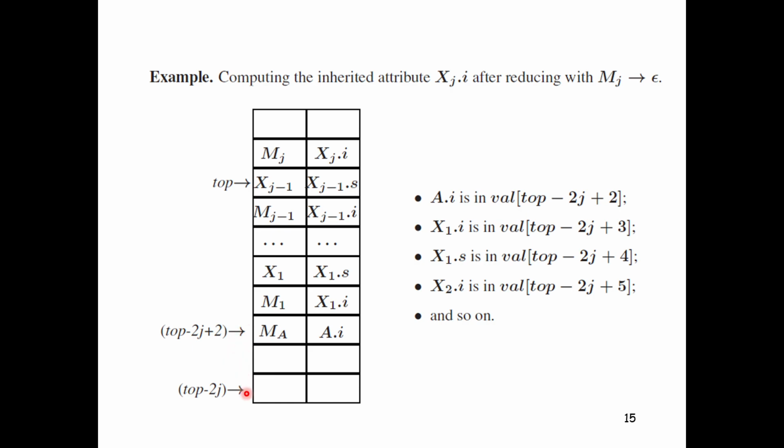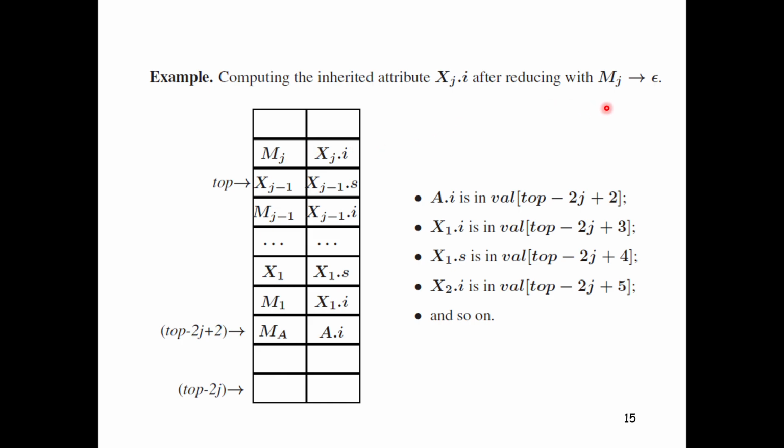And top minus 2j plus 2 will be storing the inherited attribute of capital A. Just above that, x1's inherited attribute should be stored. That is why it is shown as top minus 2j plus 3, plus 4 its synthesized attribute, again plus 5, like that it continues. So if reduction is made, mj gives epsilon, that means on seeing the epsilon it should be replaced with mj, and mj should hold the inherited attribute of xj. Then the new stack top will become this one.